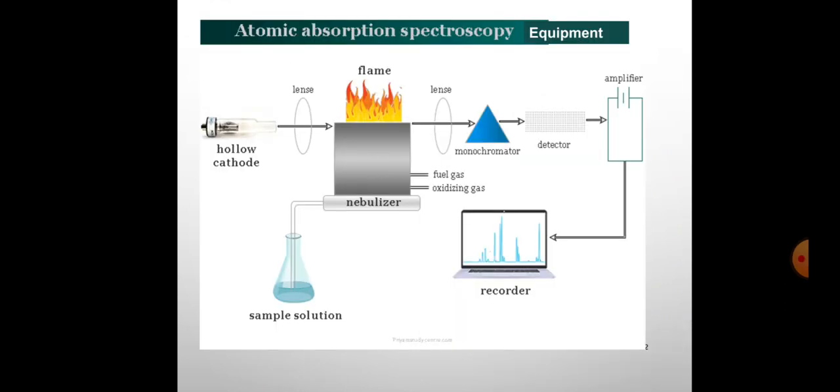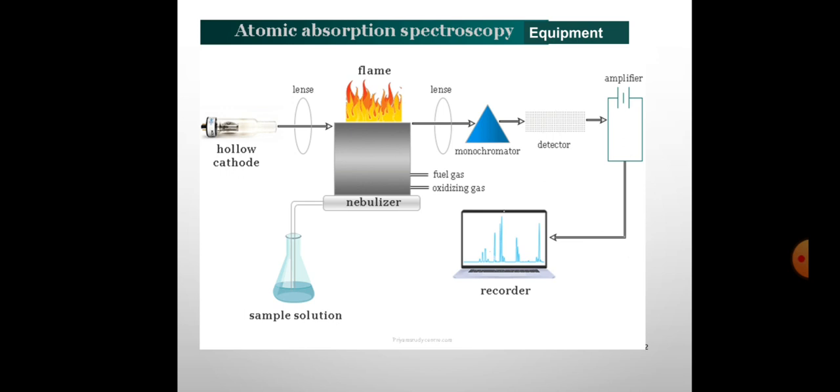Here you can see a picture of an atomic absorption spectroscopy equipment. You can see different parts of the instrument. The first part is a hollow cathode lamp. Then we have the flame. We have the monochromator, the detector, amplifier, and recorder.